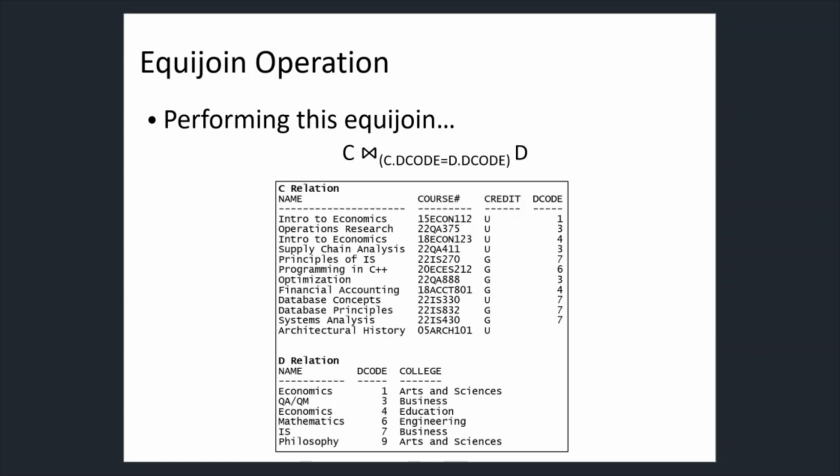So since we've already looked at a basic example, now let's turn to a more practical or realistic example. And for this example, we're going to return to our C relation and D relation. And we're doing an equijoin where the D codes from each relation must be equal to one another.